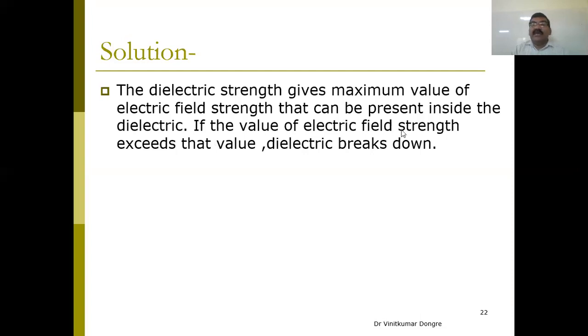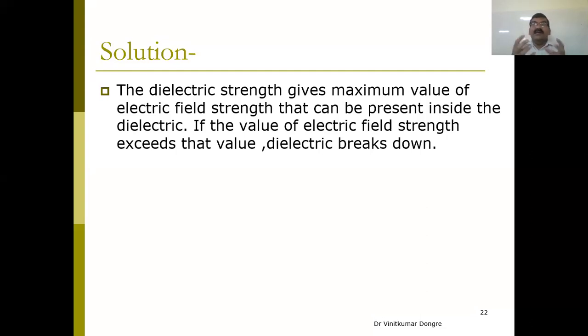If the value of electric field strength exceeds that value, that is the dielectric breakdown. As in the example of the rainy season, this is called dielectric breakdown, because the air has a lower dielectric strength in the rainy season. That is a different thing.